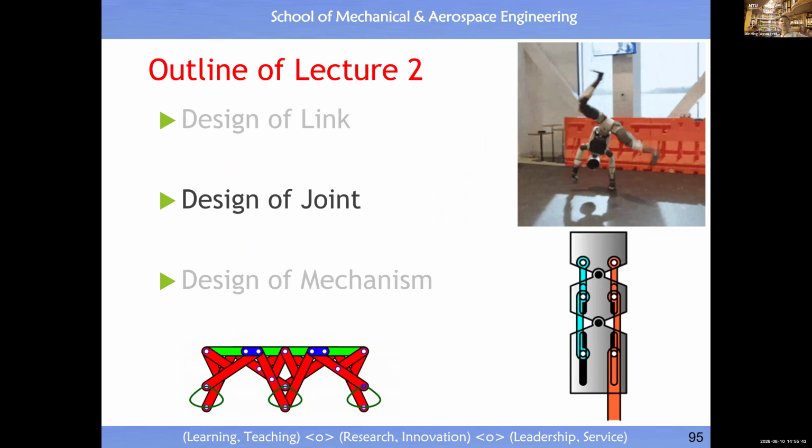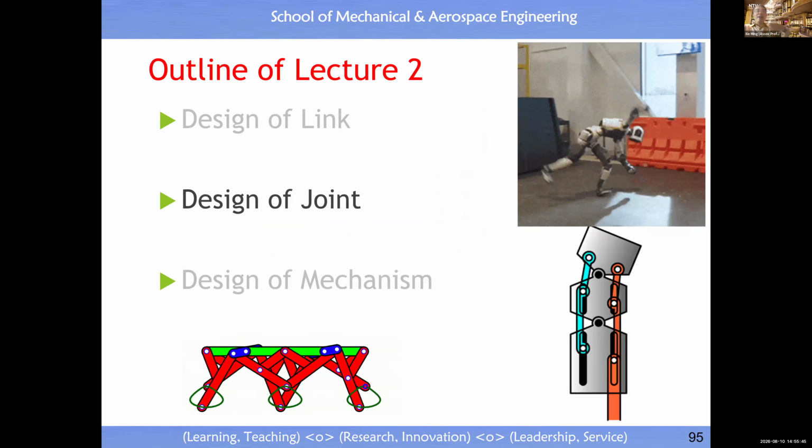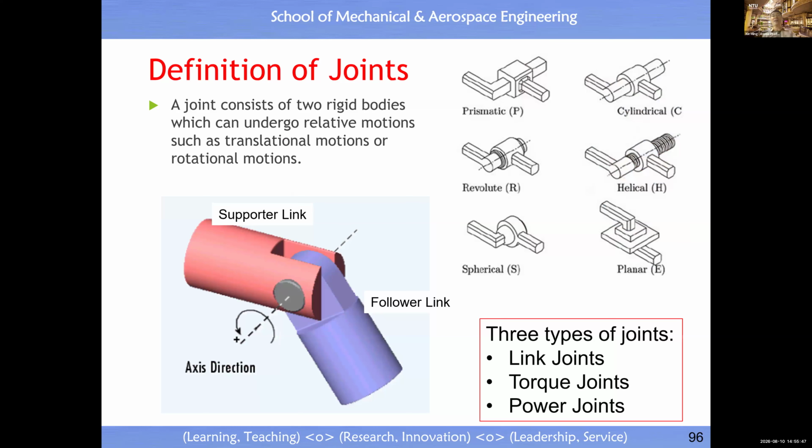Once you know the link, the next is how to join two adjacent links together, right? So you have a supporting link and the following link. In the textbook, the description is very simple. It's just a robotic drawing done already, but this may not help you to understand control. So here I split the robotic joint into 3 types.